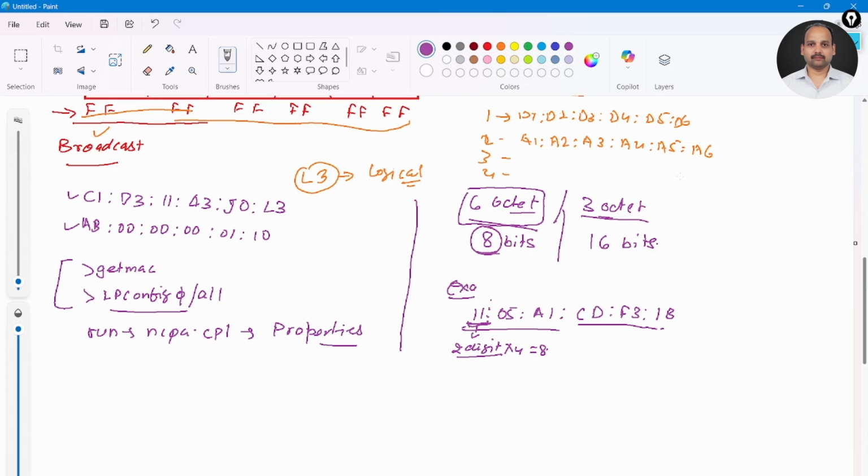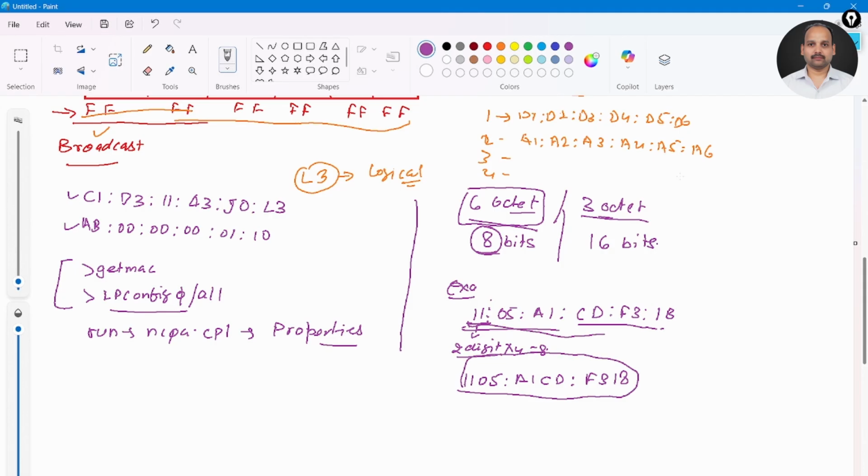So it's an 8-bit value. Either you can write it this way, or you can write it the other way, with A1 CD dot dot and F3 18. So either this is a valid format or this is a valid format.